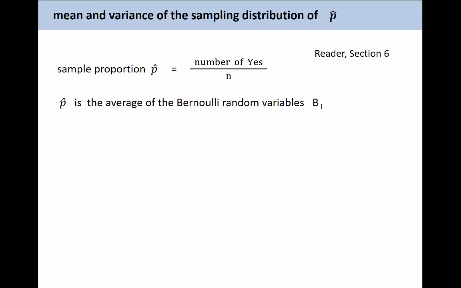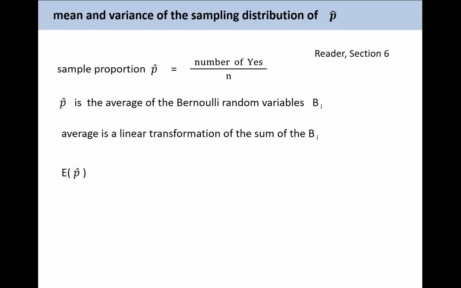And of course, just like our work with sums and averages in the preceding sections, the average is a linear transformation of the sum. So we can apply the ideas we worked out early in this week's material about linear transformations.